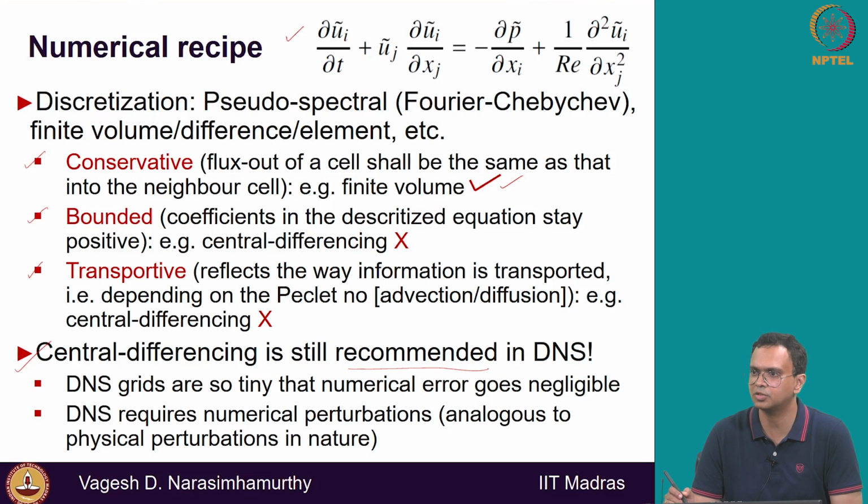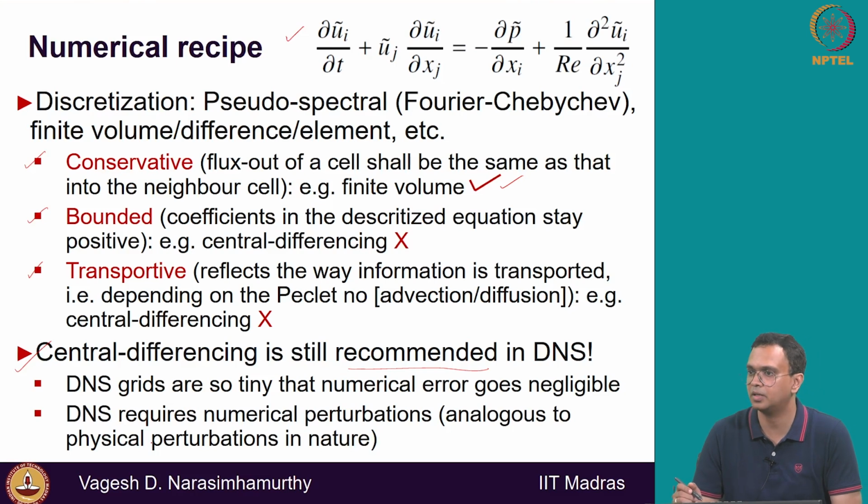Your mesh is going down to some 30 microns or so. The mesh is so small. The error in a CFD calculation reduces with the mesh size. Smaller the mesh, lesser the error, irrespective of your numerical discretization scheme. This does not mean that the oscillation is becoming zero, but we want the oscillation to be there, but minimal.